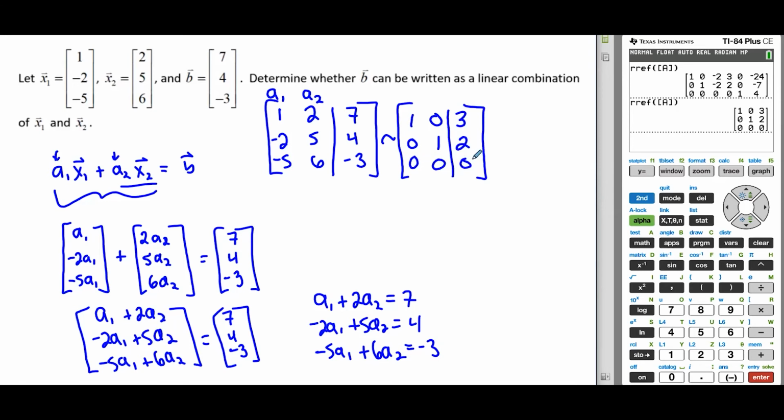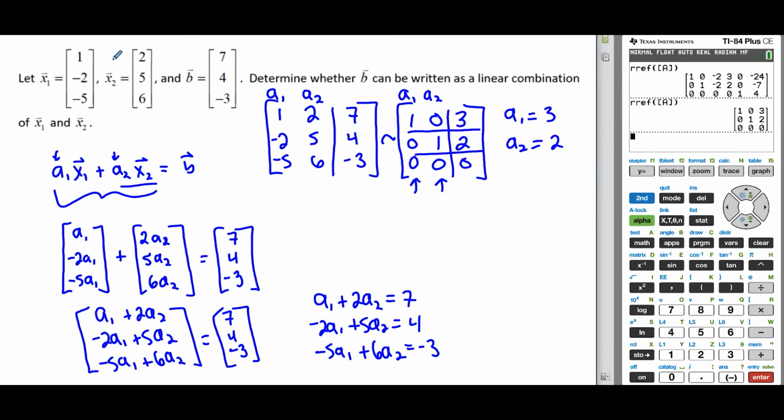I've got this row of zeros, but every column has a leading 1 that is associated with a variable. So that means I don't have any free variables. This is one solution here. The first row says a1 is equal to 3. The second row says a2 is equal to 2. So that's my solution. Now let's try this out and see if we actually do get b.